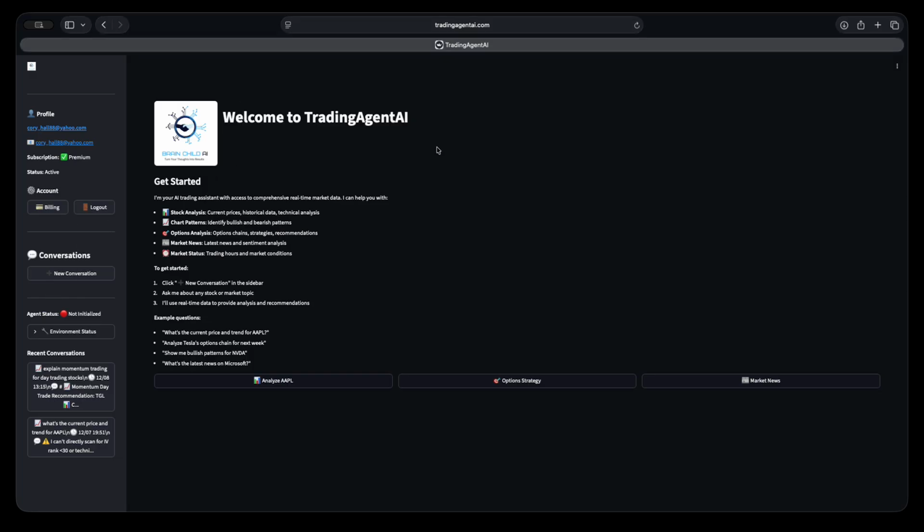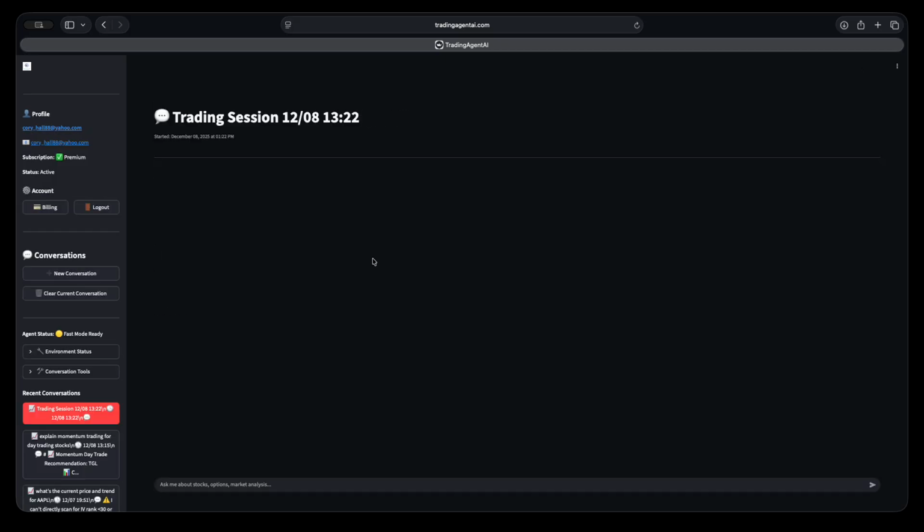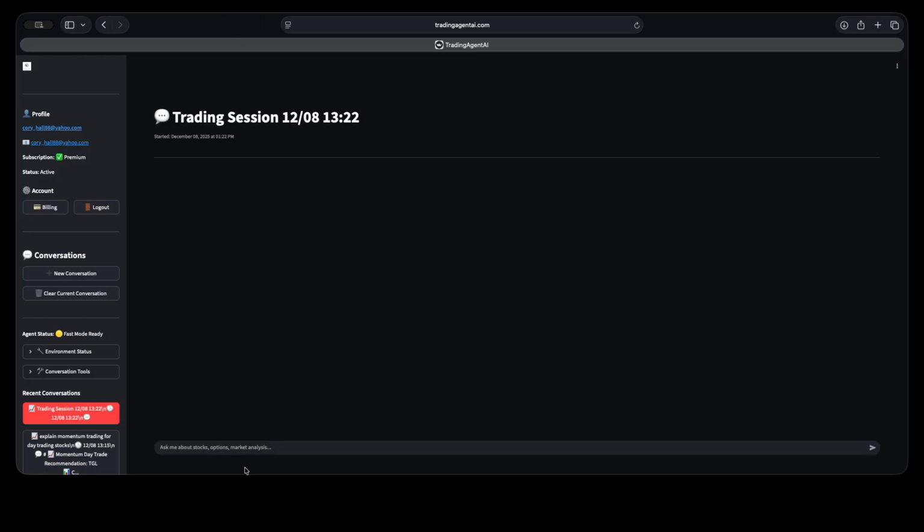So here we are at the Trading Agent AI home screen. You see I made a little bit of branding updates and stuff as we continue to improve and iterate on the product. So I'm gonna open up a new conversation here, and we're gonna make this super easy because as you remember, this product is specifically designed for traders.